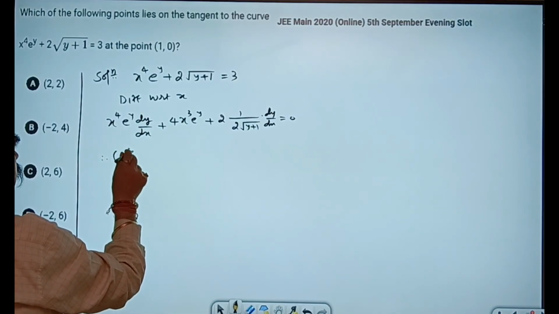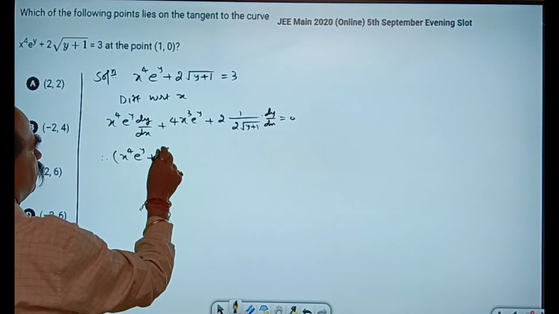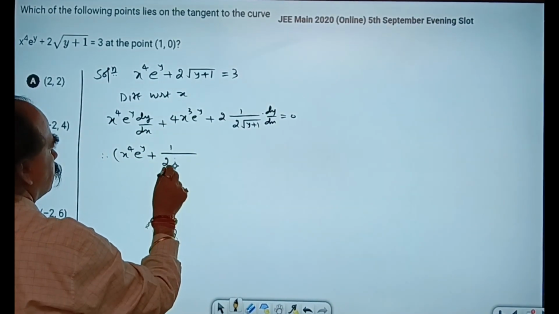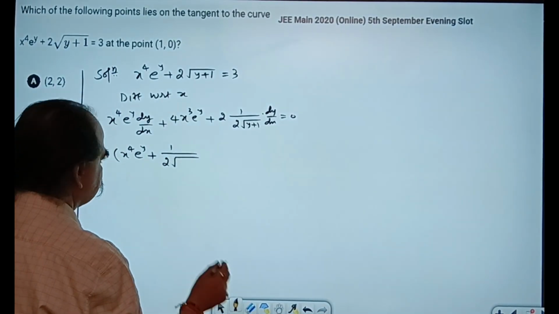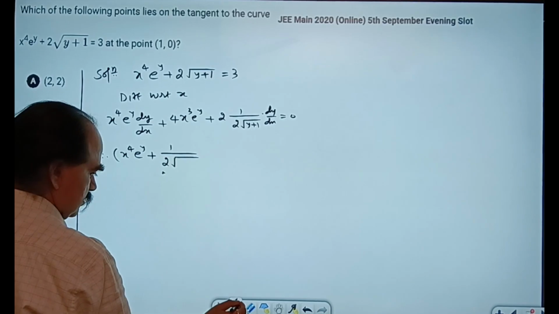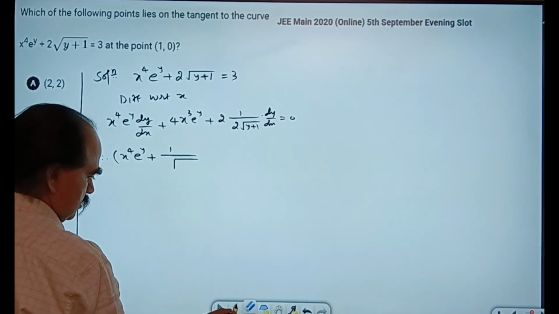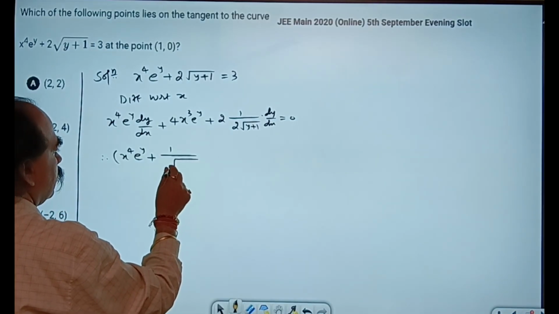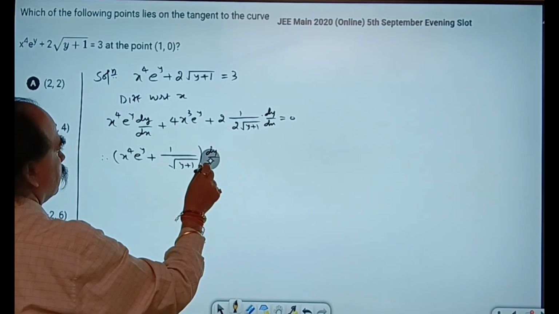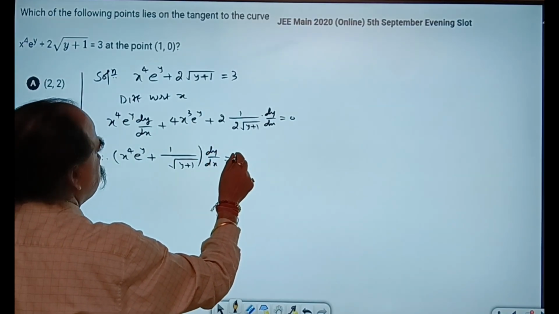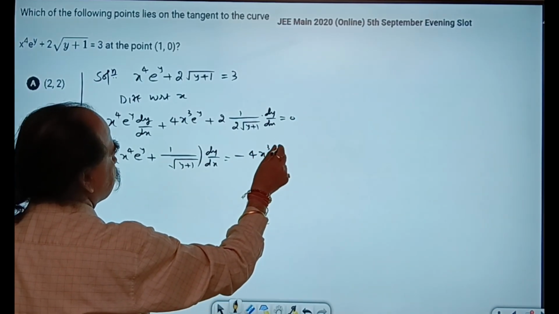The 2 cancels. x raised to 4 e raised to y plus 1 upon root y plus 1, not 2 root, because 2 got cancelled, times dy by dx is equal to minus 4x cube e raised to y.